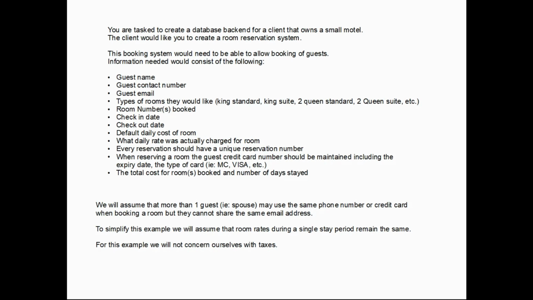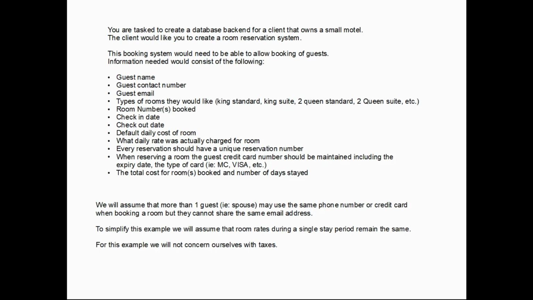So do they want a king standard, a king suite, a 2 queen standard, a 2 queen suite, etc., whatever the motel has. They want to know what rooms they book, what their check-in date, what their checkout date is, what the default daily cost of the room was, and then what they were actually charged for the room.